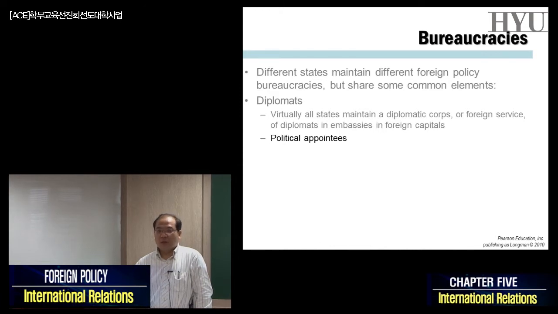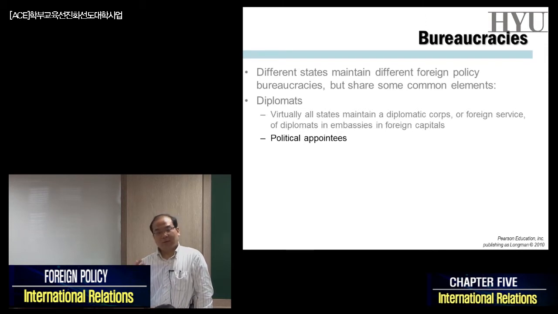Some are hardliners, and others are more softliners. I'm talking about the United States. Some argue that the United States should take a much more hardline approach toward North Korea.